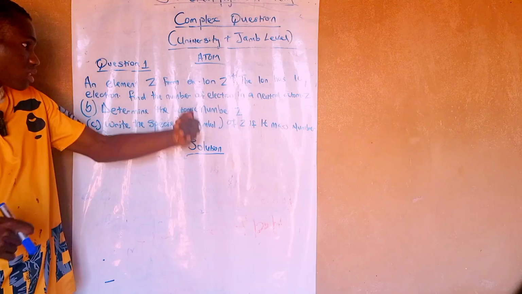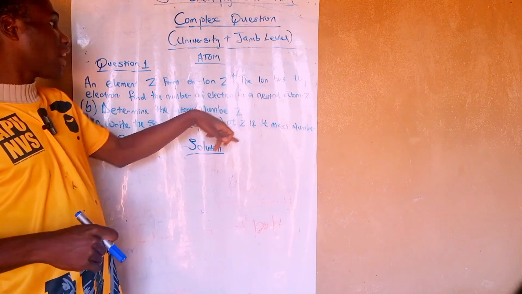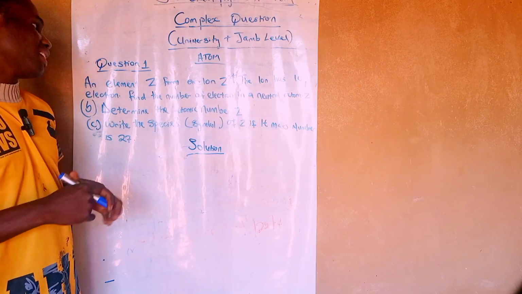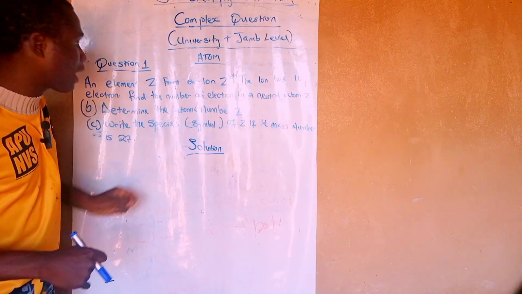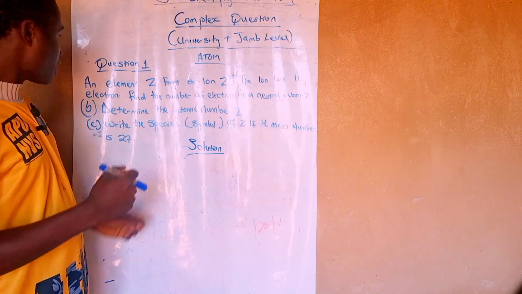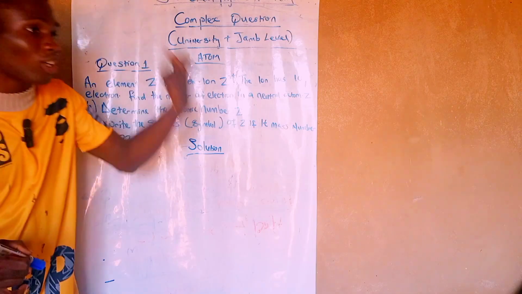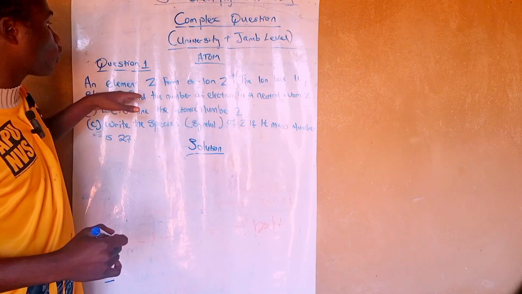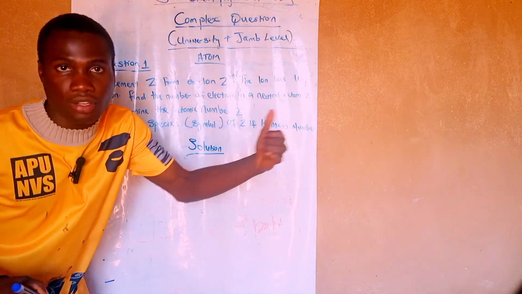The first question says, find the number of electrons in a neutral atom. That is, you should find the number of electrons when the atom has not become an ion.